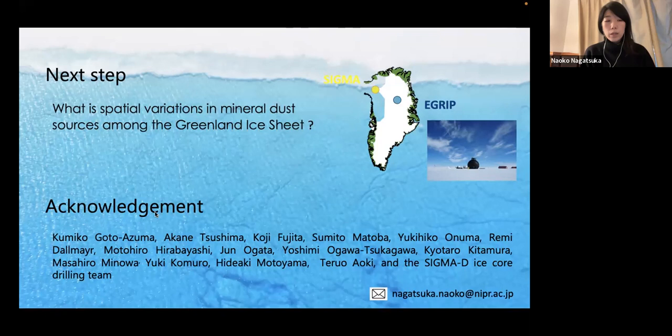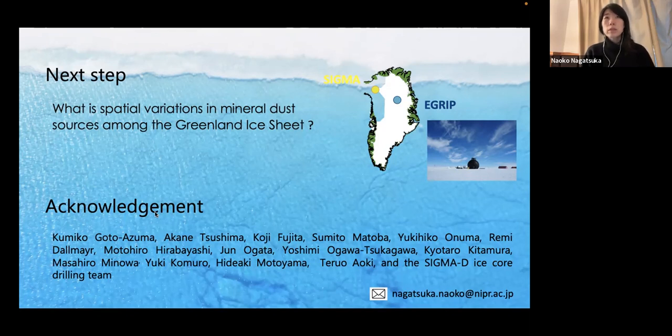I mean, there is a smaller amount of local dust in East Grip than at SIGMA, which we can easily guess because East Grip is located more inland than SIGMA. Furthermore, SIGMA dust mainly came from northern Canada, but East Grip dust did not, maybe from more of Eurasia or some part of Asia.